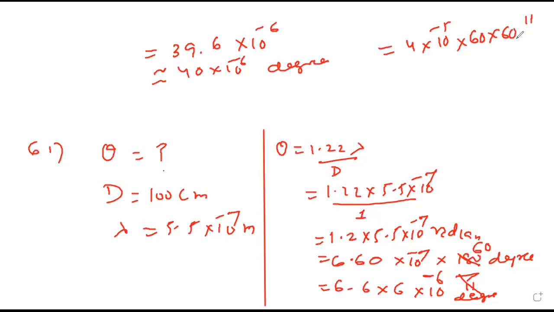So this is in seconds: 4 into 36 into 4 into 10 raised to minus 3 in seconds. 4 sixes are 24, 144 into 10 raised to minus 3. That means 0.144 second. Check whether this is the nearest option. 0.144 is there. A is the correct answer.